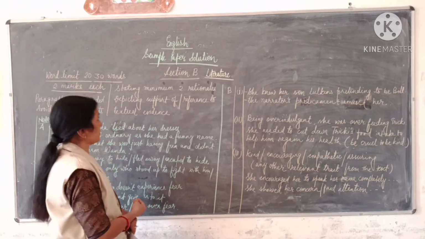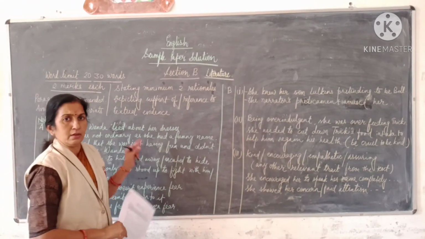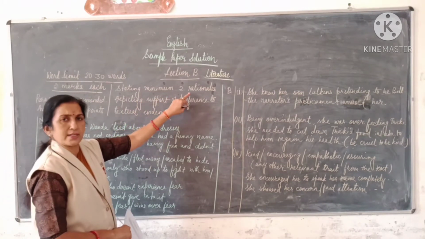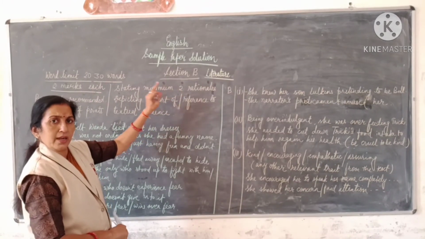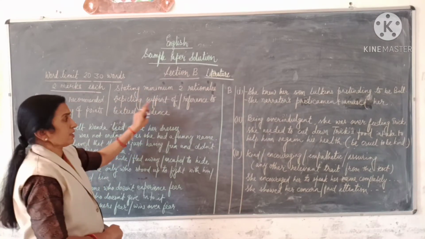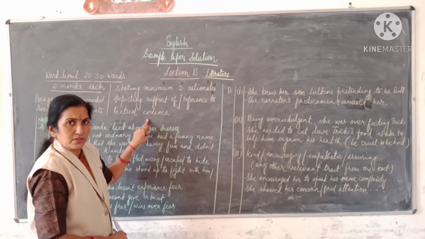A paragraph is recommended. Whenever you get a 2 marks question, you have to attempt 20 to 30 words, stating a minimum of 2 rationales. For each question, at least 2 rationales, 2 reasons, you are supposed to give, referring to textual evidence.